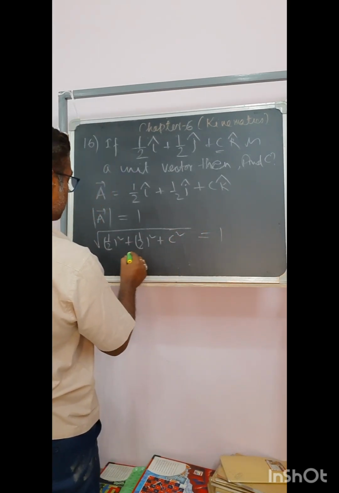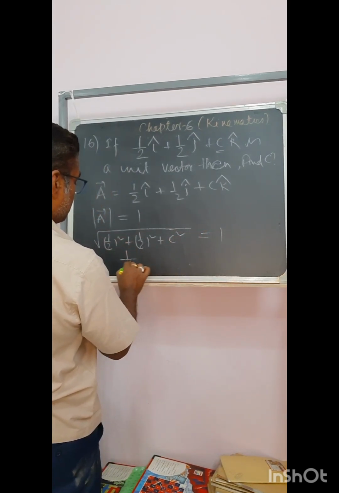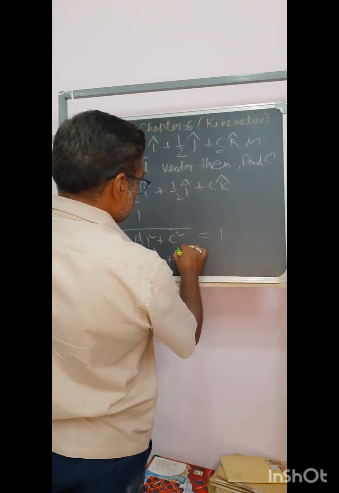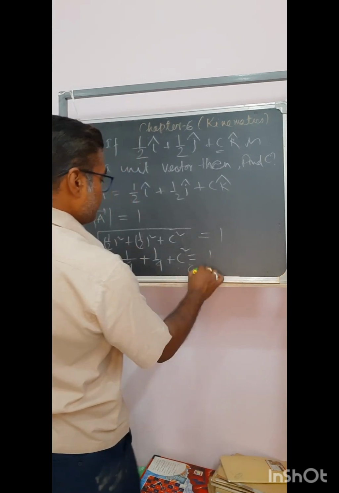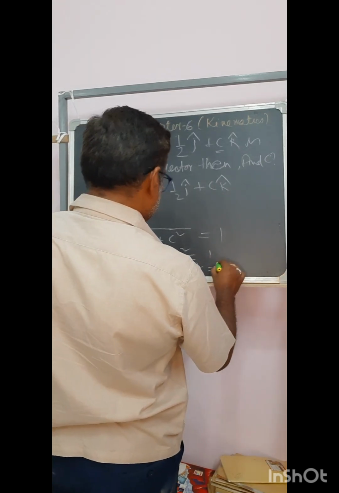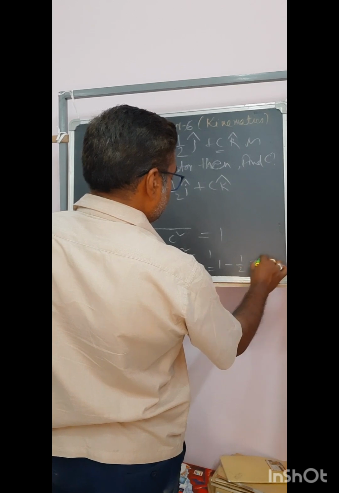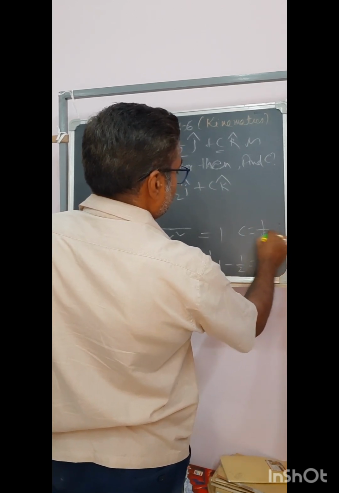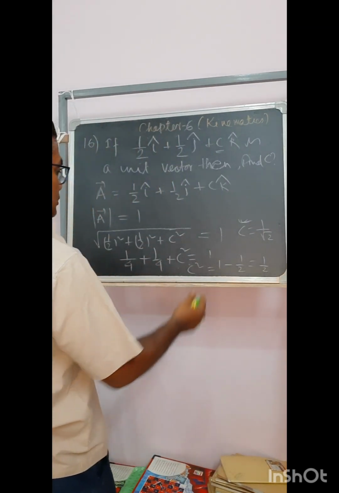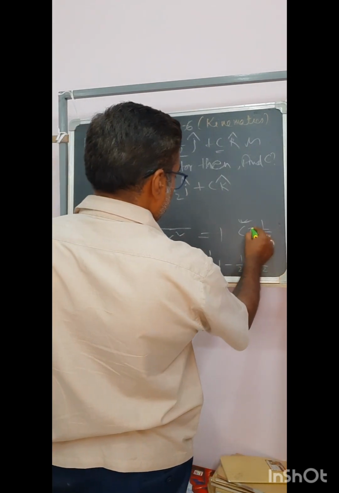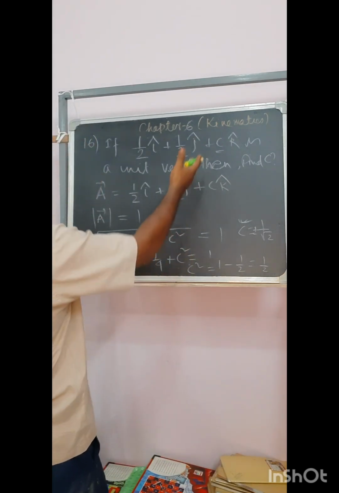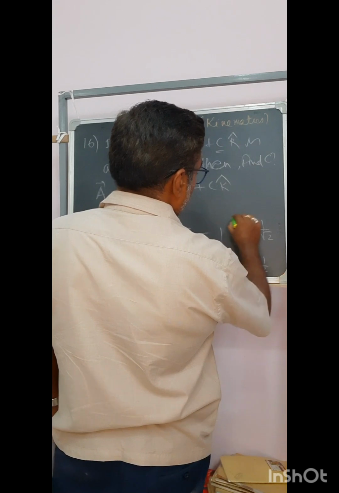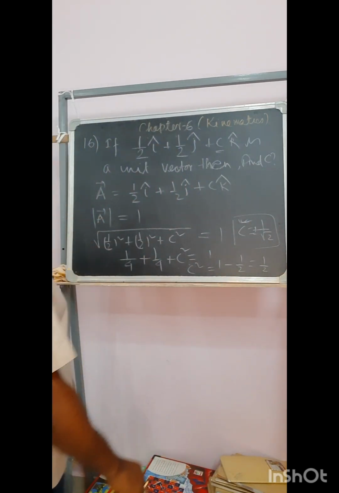So you can remove the square root sign, so you will get 1 by 4 plus 1 by 4 plus c square is equal to 1. So from there c square is equal to 1 minus half, that is equal to half. So c is equal to 1 by root 2. So this will be your answer. C can take both plus and minus, both can satisfy the equation. So c could be plus or minus 1 by root 2.